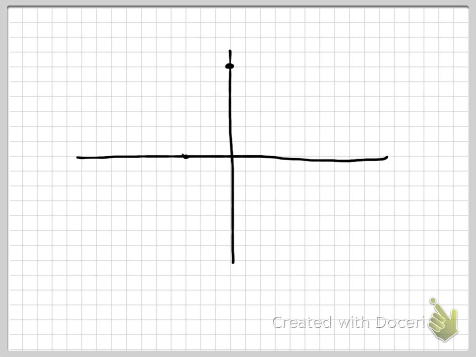I'm trying to be very accurate for you, and it's going to take me a little more time, so have patience. Okay, so here's our graph. It goes up, goes down, and then it goes back up again. Okay, so there's our line.